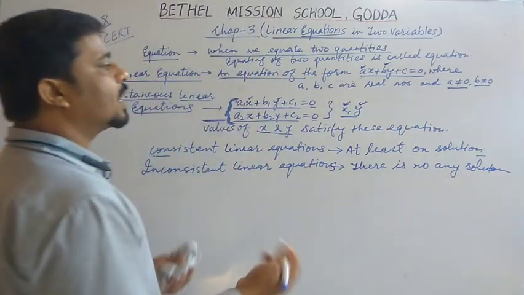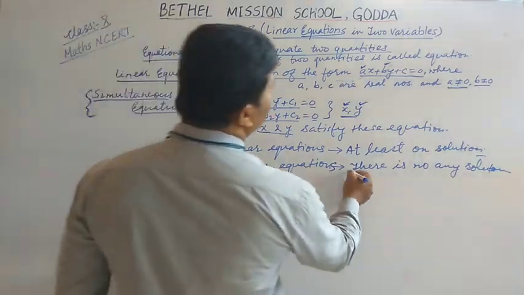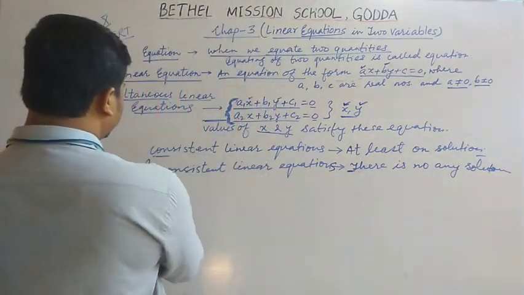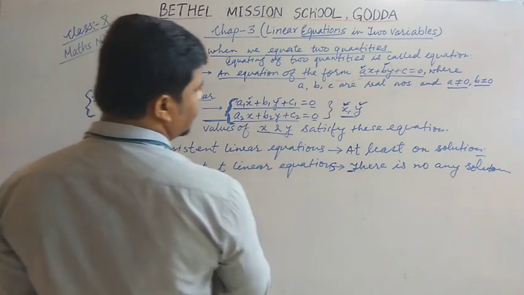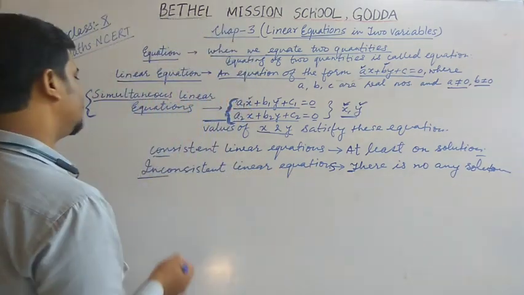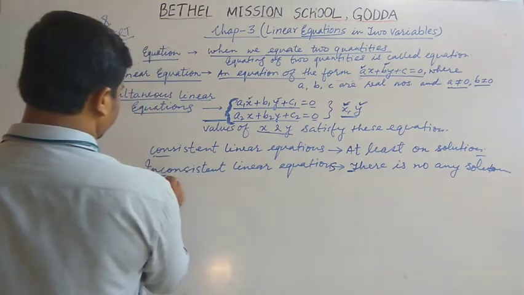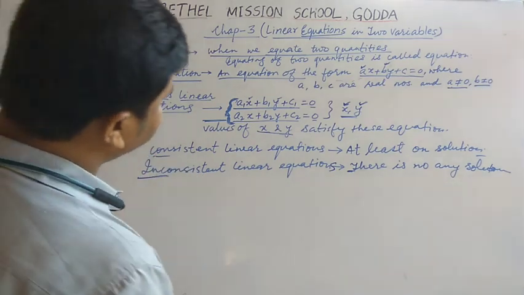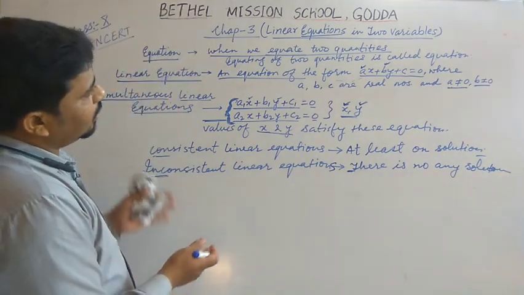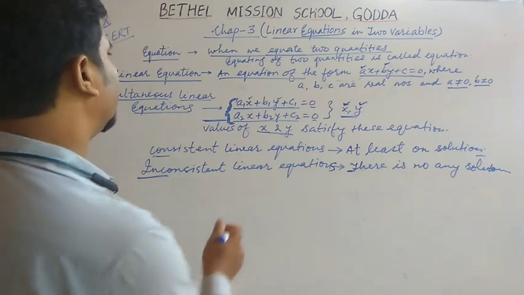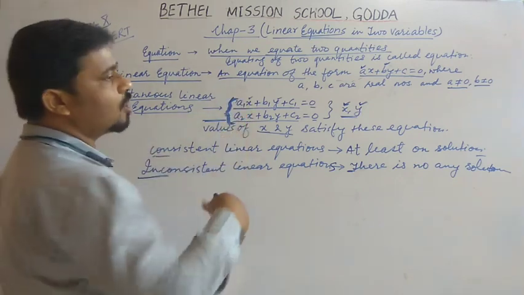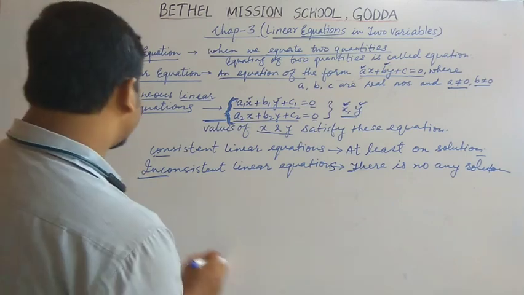Means we will not get any solution, we will not get the value of x and y. So that type of equations are called inconsistent linear equations. We will understand these two types of equations when we solve by using some methods.